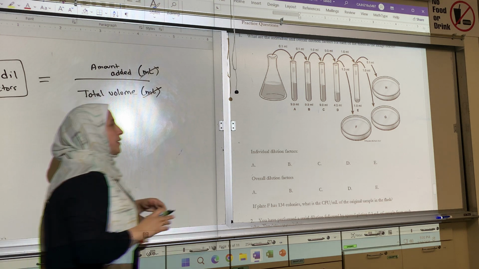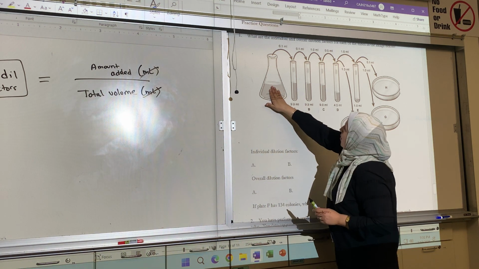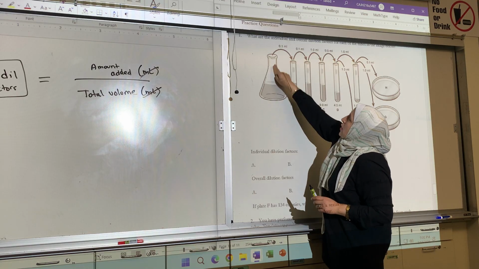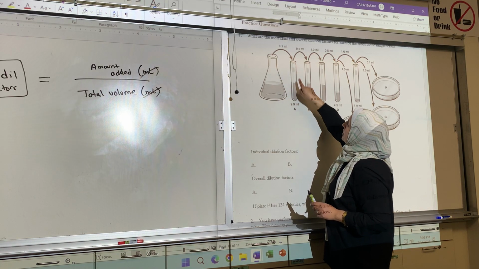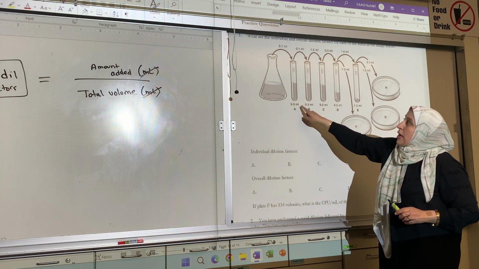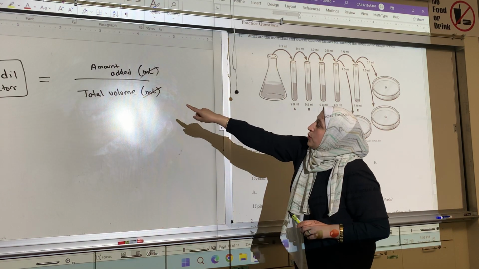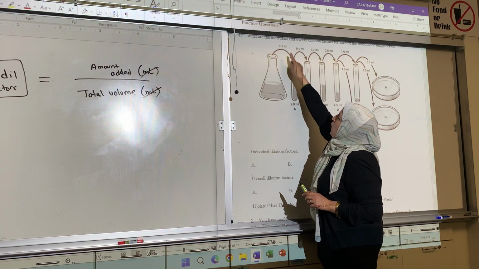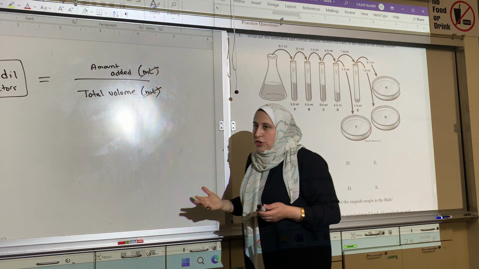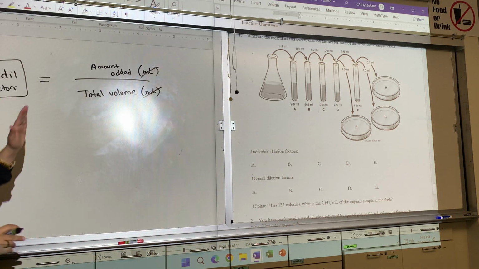So for example, from our original, which is tube 0 in our procedure, we added 0.1 mLs into the tube that had 9.9 mLs of sterile water. So that individual dilution factor is going to be 0.1 divided by 10, or 0.1 over 10, which is the same as 1 over 100. And we'll get through that in a second.